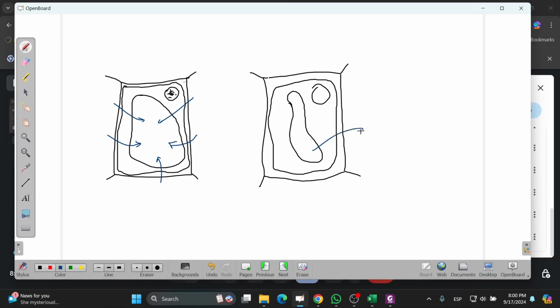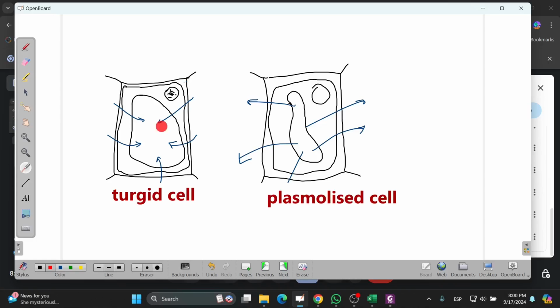Because of the cell losing water. You see that? When that happens, we say that the cell is plasmolyzed, right? Has become plasmolyzed, meaning dehydrated.